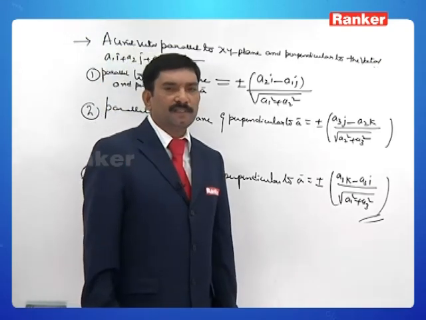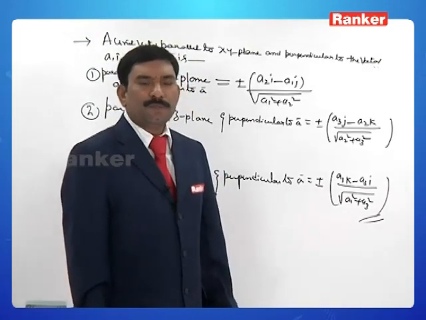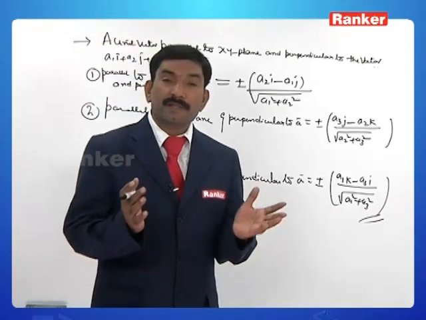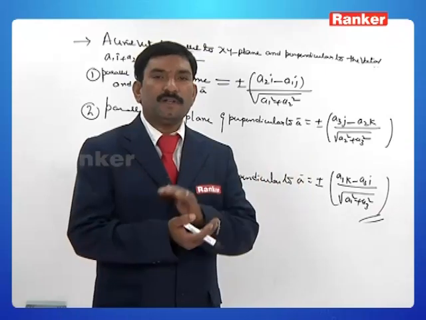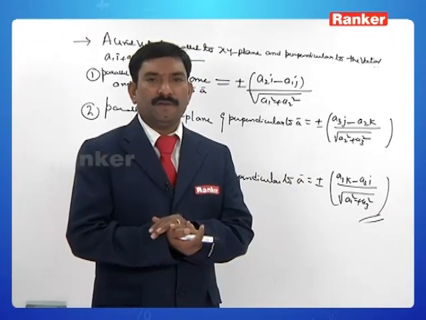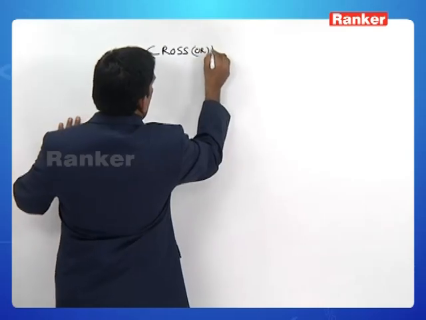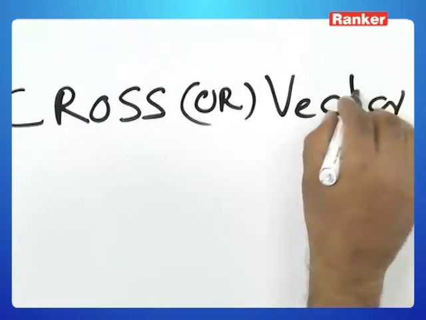This is the concept of the dot product towards the unit vector parallel to coordinate planes and perpendicular to one vector. Followed? Cross vector product.